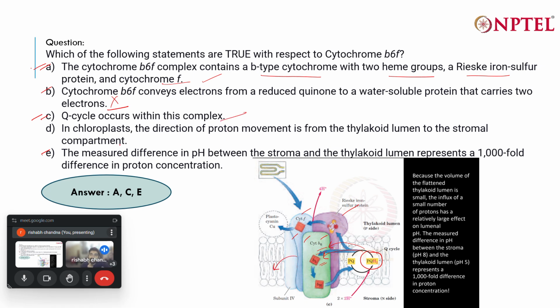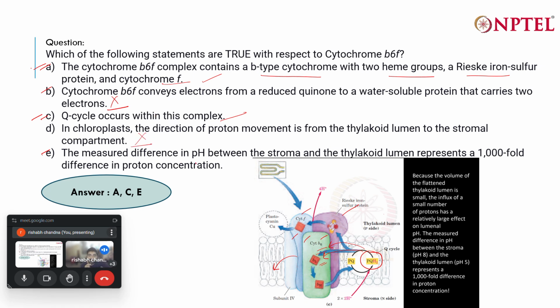C. And then in chloroplast, the direction of proton movement is from the thylakoid lumen to the stromal compartment. Let's see. No, it's the other side. It's from the stroma to the lumen, not the other way around. So this is false.